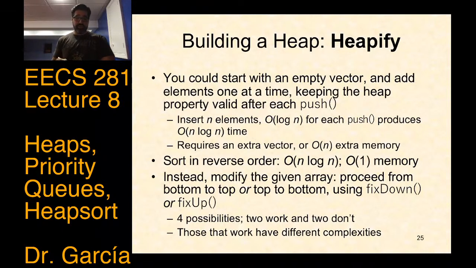Even though we have an improvement in memory, because we can do the sorting on the same array that we're using for the heap, the issue is that it's still n log n. But in fact, we can actually do this operation in linear time. So let's go over that a bit.